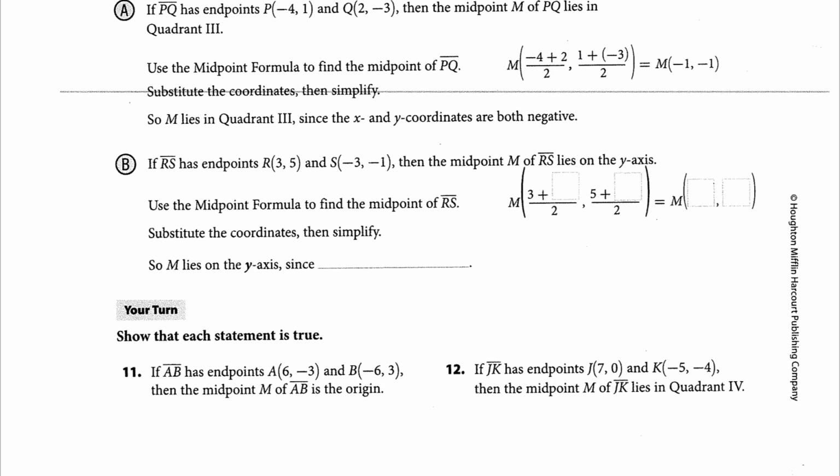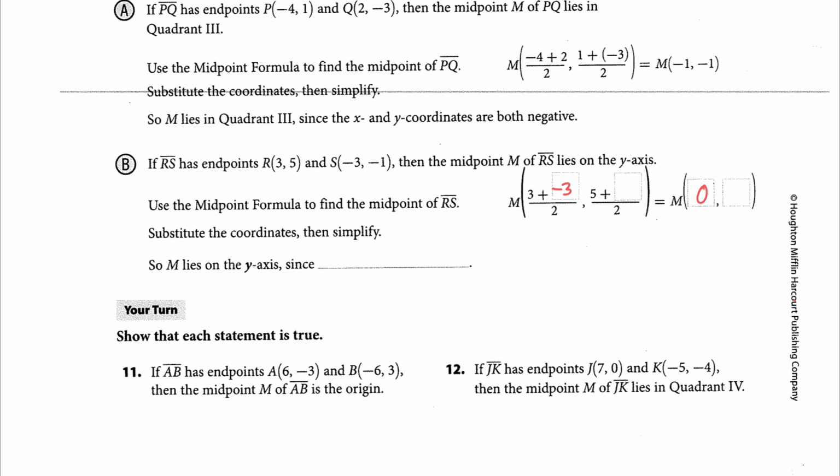If RS has the endpoints R at 3, 5, and S at -3, -1, then the midpoint M of RS lies on the y-axis. Use the midpoint formula to find the midpoint of RS. R has an x-coordinate of 3, and S has an x-coordinate of -3. 3 plus -3 is 0, and 0 divided by 2 is 0.